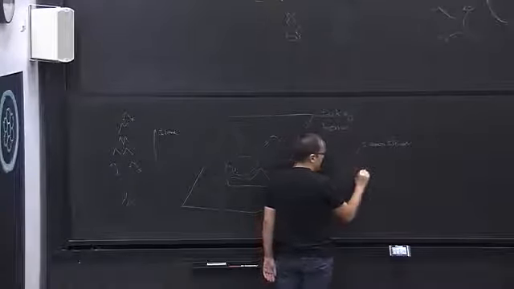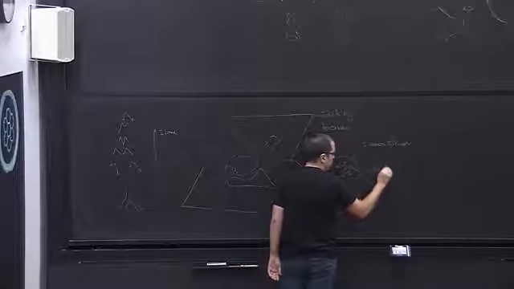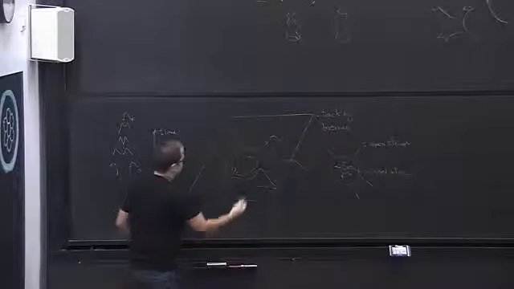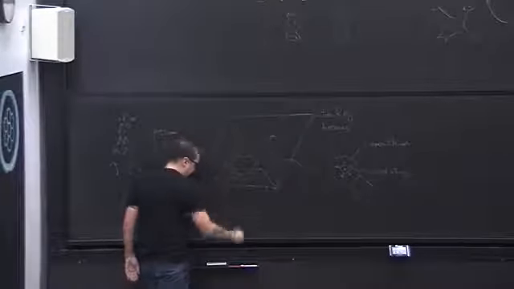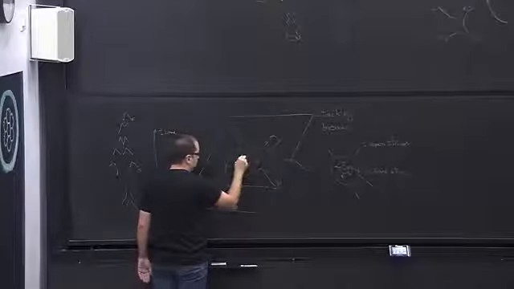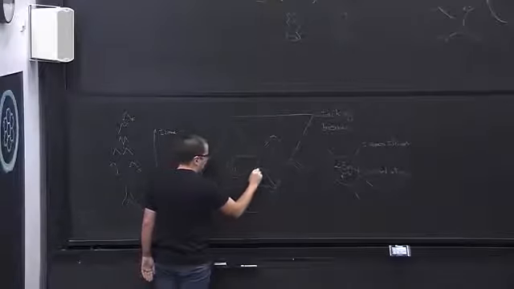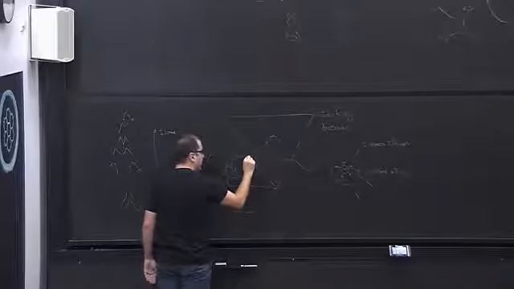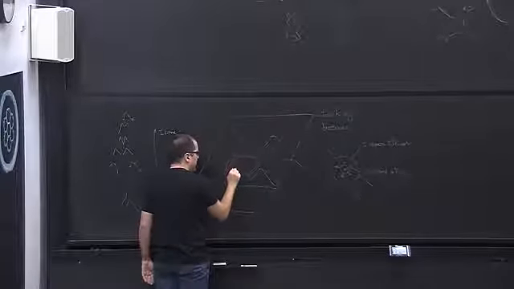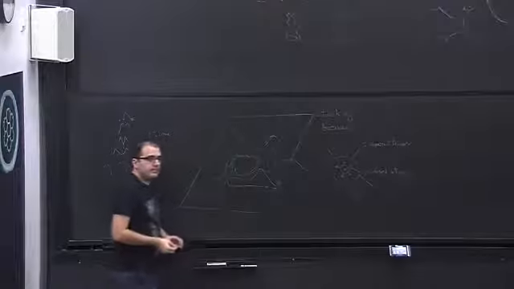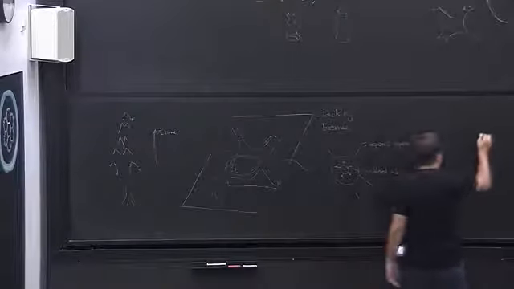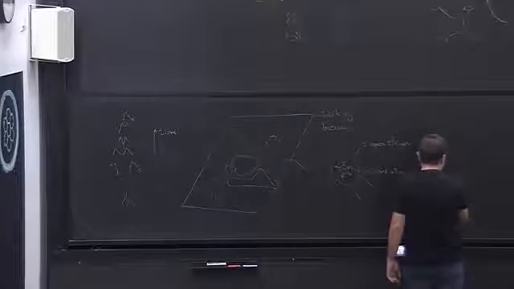So this would be a closed string. Because indeed, if I cut the string here, I can draw this line going like this. So I can say that my brane emitted a closed string.